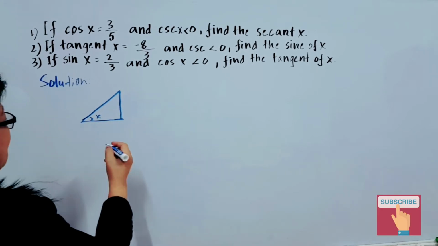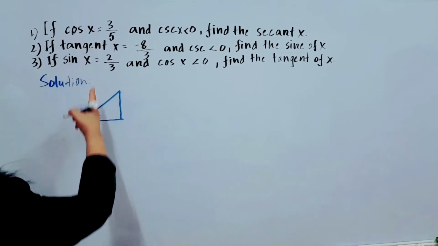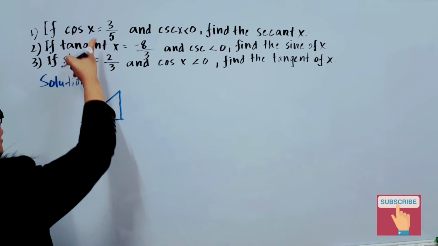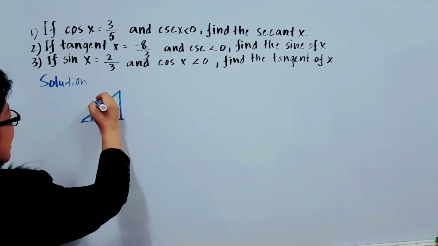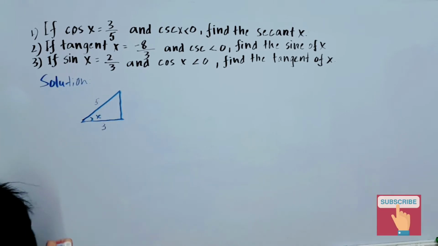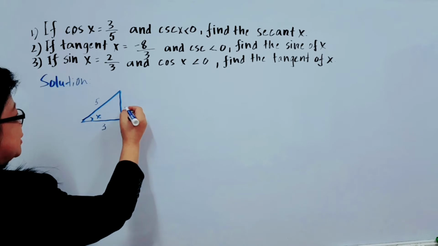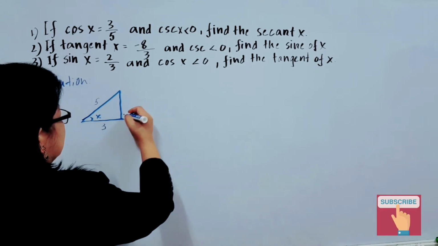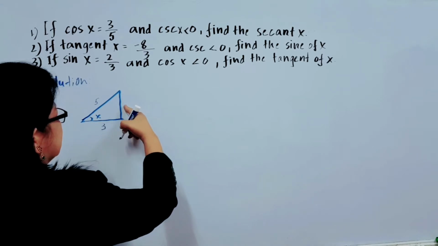It's given here that cosine x is equal to 3/5. That means the adjacent over the hypotenuse, so this is 3 and this is 5. Therefore, we can solve for the other side using the Pythagorean theorem, which is equal to this side squared.